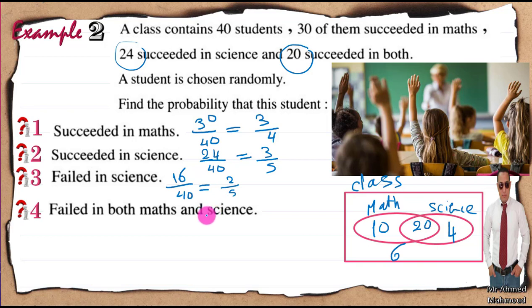Finally, failed in both math and science. This number is 6, so it is 6 over 40, which in the simplest form is 3 over 20.